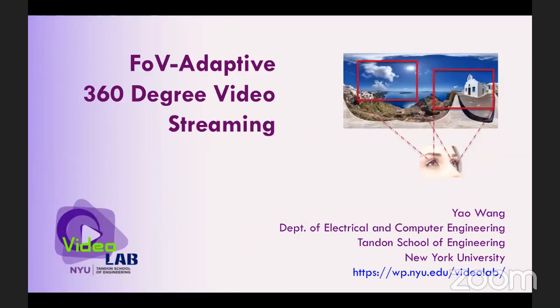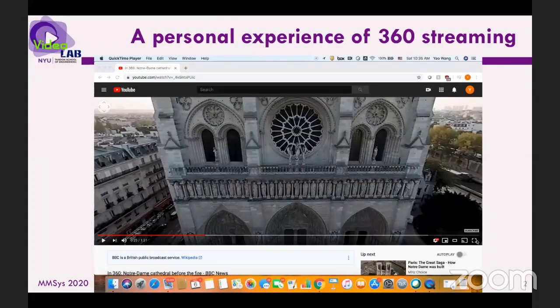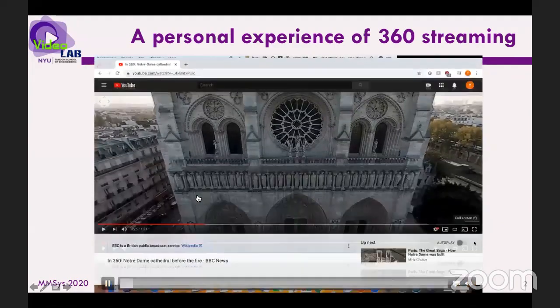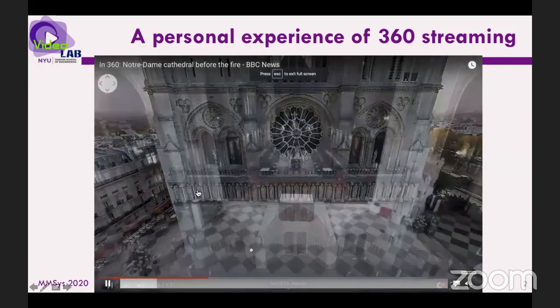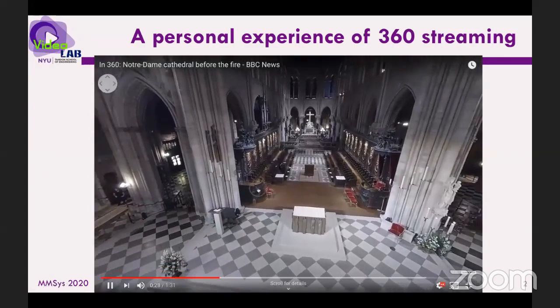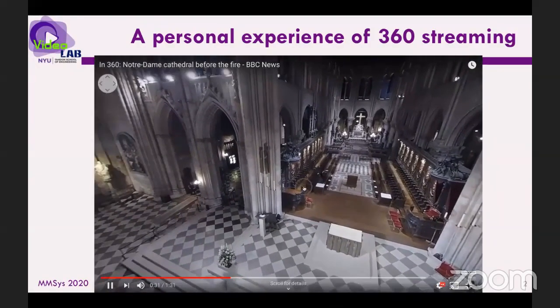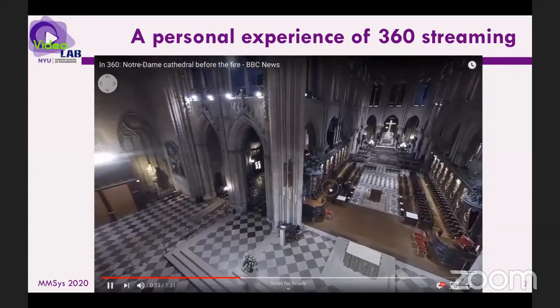As Ragnhild just mentioned, we will be talking about our work in 360-degree video streaming. In case some of you have not had the experience of streaming a 360 video, let me show you an example. This is a screen capture when I toured the magnificent Notre Dame before it caught fire last year on YouTube.